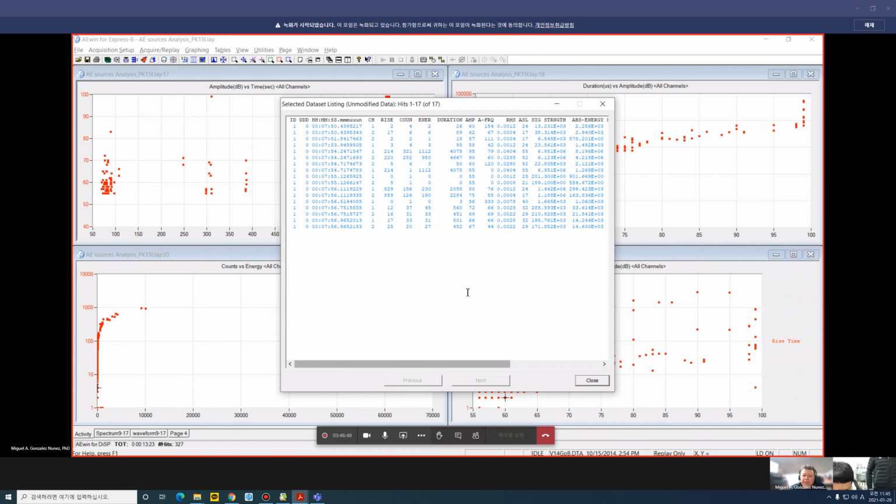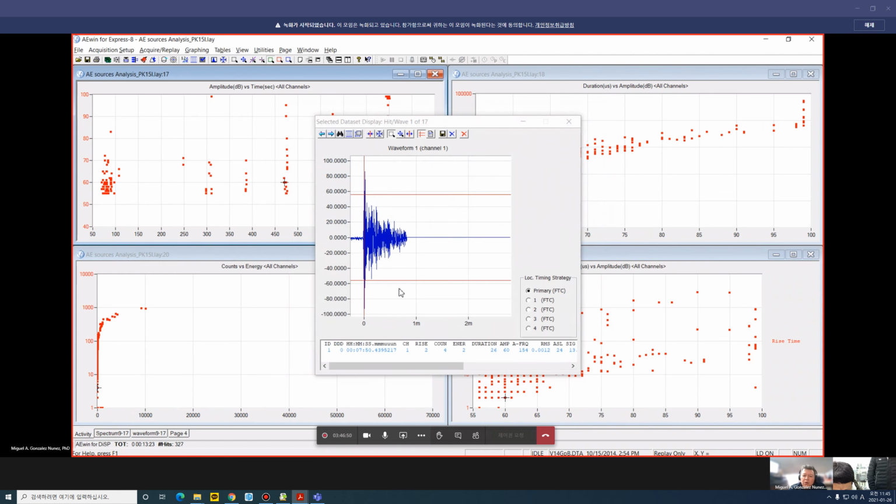Now, when you look at the waveform, you see that the scale on the y-axis is in millivolts. And this is in time, in milliseconds. So these lines represent the threshold that we specify in the settings.